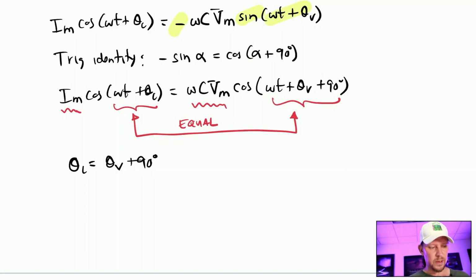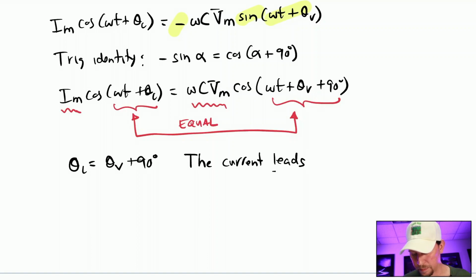This also means that unlike an inductive load, where the current was lagging behind the voltage, in this particular case, in terms of the nomenclature of electrical engineering, the current doesn't lag, but it leads the voltage.